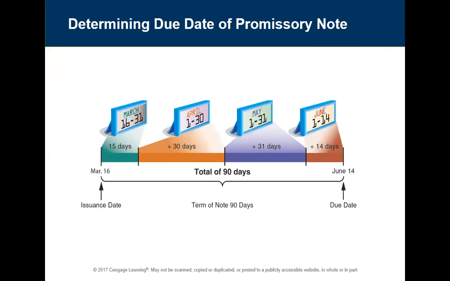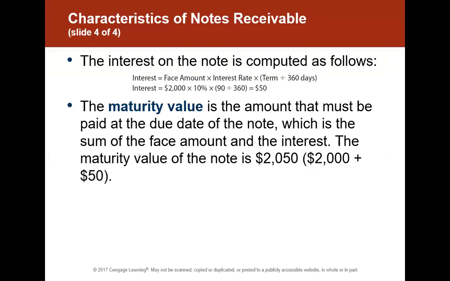Again, that got us to 76 days. So 90 minus 76, it's going to come due on June 14th. It's kind of nice when they show it a different way. Okay, so interest on a note is always calculated by taking face amount times interest rate times the term.